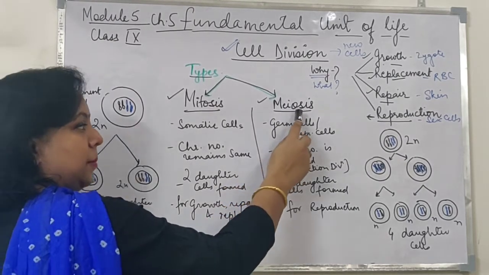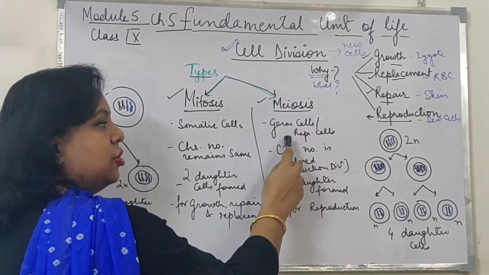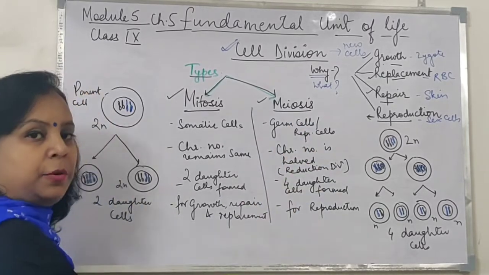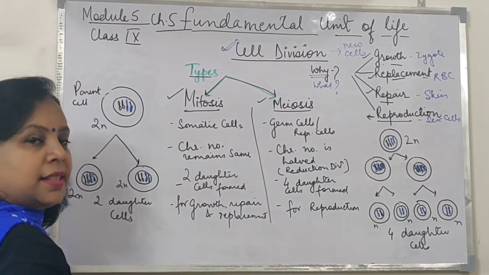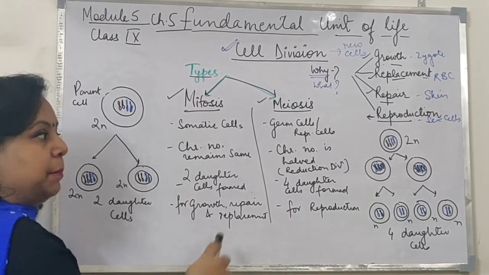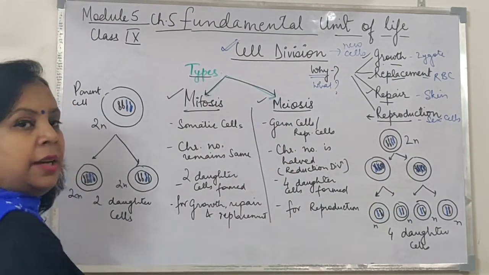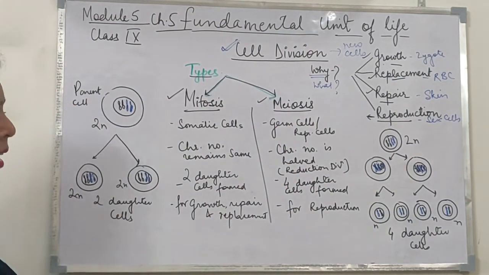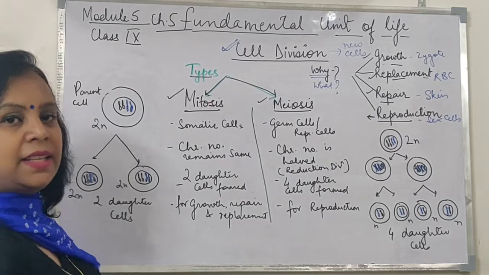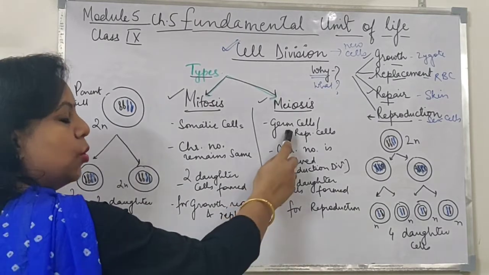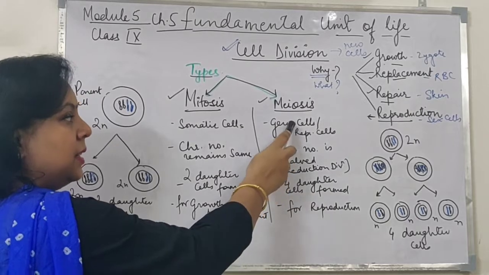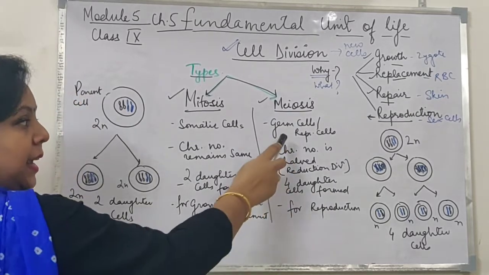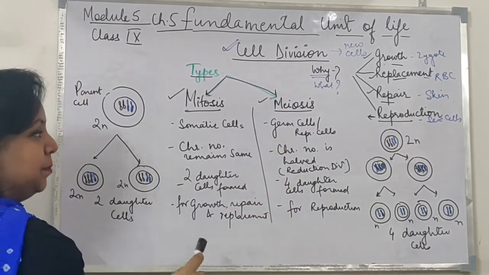So, the meiosis takes place in germ cells or reproductive cells. If we talk about plants, the stamens and the pistil are the reproductive parts, and the meiosis takes place there to form the ova and the pollen. While in case of animals, it is the egg and the sperms.